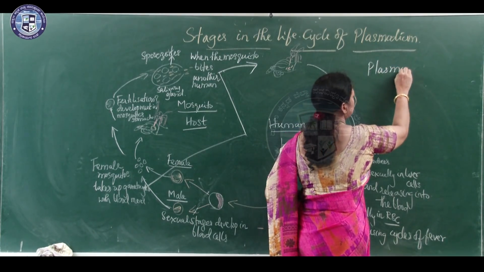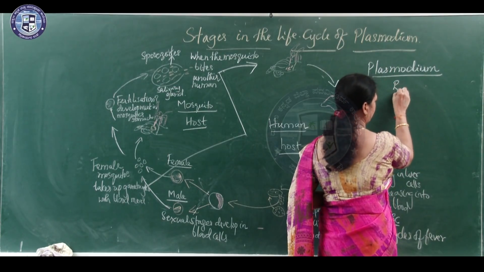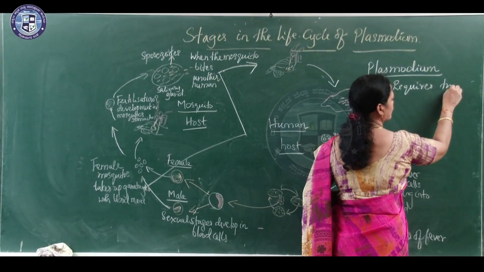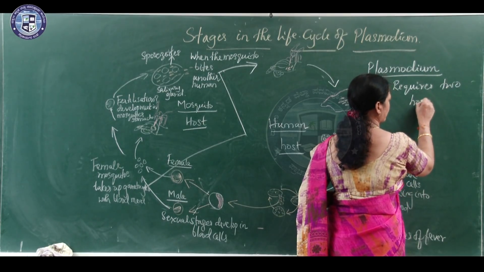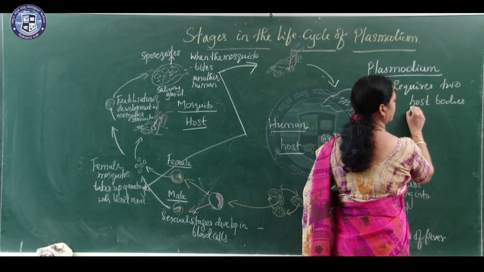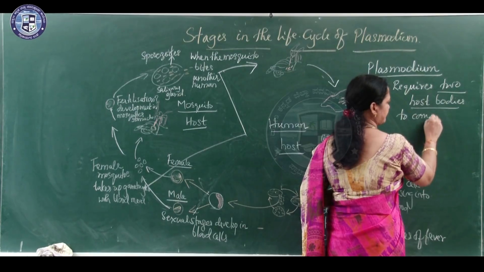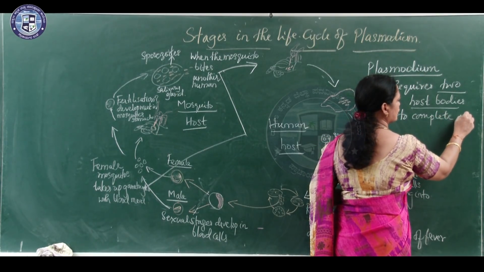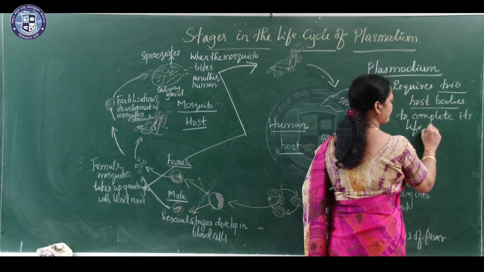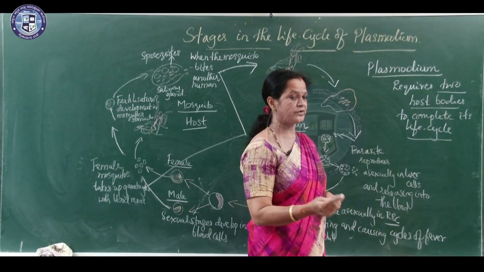Plasmodium requires two host bodies to complete its life cycle.